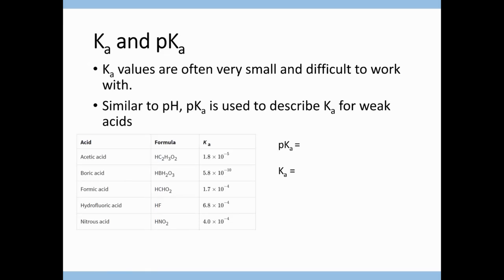Just like the concentrations of H3O+ in solution, those can be really small, and so we use pH to have more manageable numbers. For a specific acid, adding acid to water, we get a Ka value. Those Kas for weak acids are really small. So we have a better way of dealing with those, and that's the pKa, which is a similar calculation. We take the negative log, but now we're taking the negative log of the Ka.